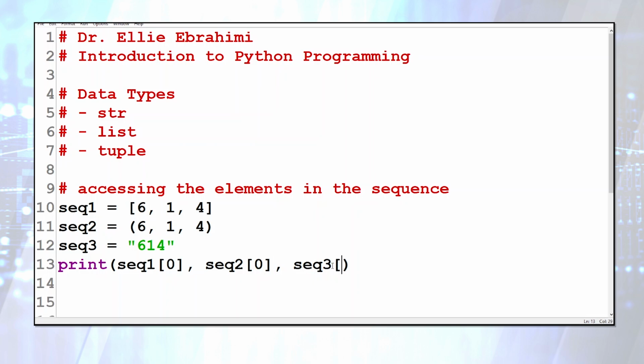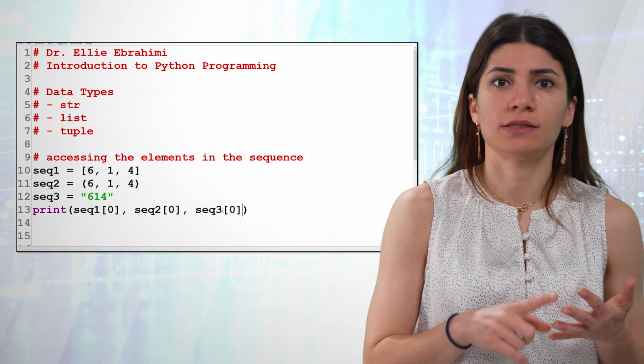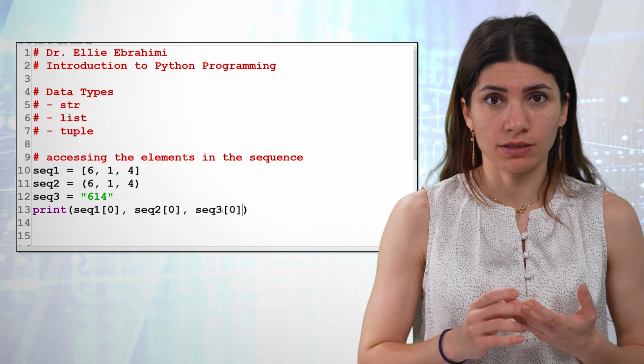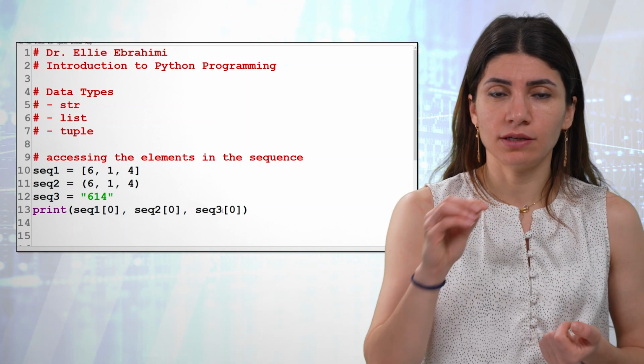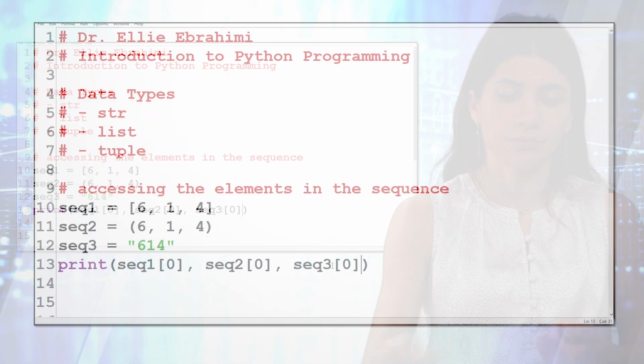And from sequence 3, I want to access index number 0. So as you see, for all 3 types, string, list, and tuple, I'm using a square bracket to access the element. Right? To access an item from a sequence, we always use a square bracket.